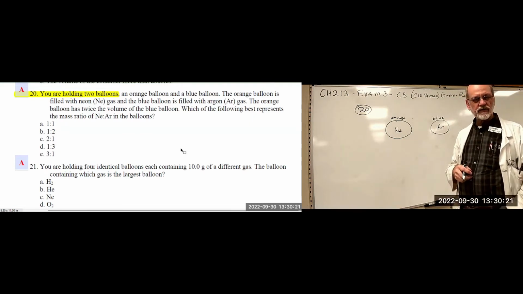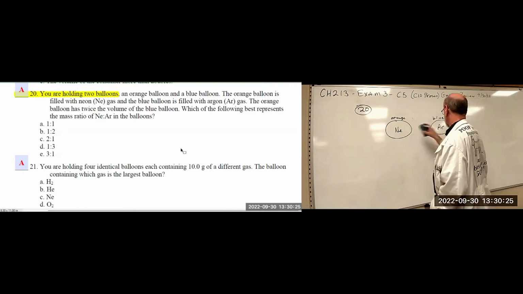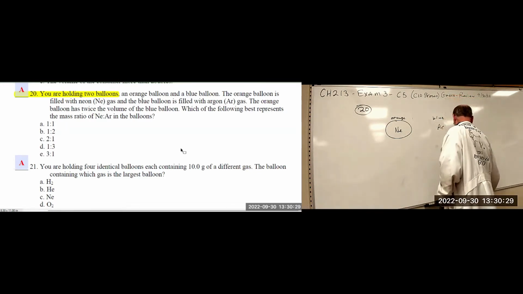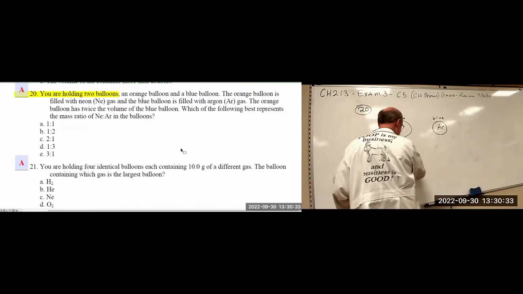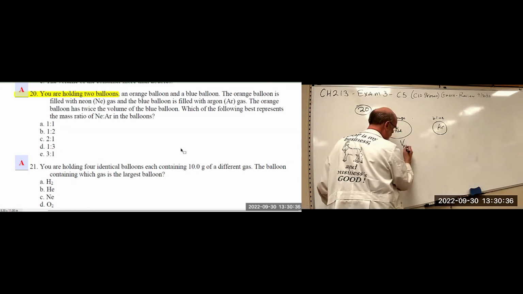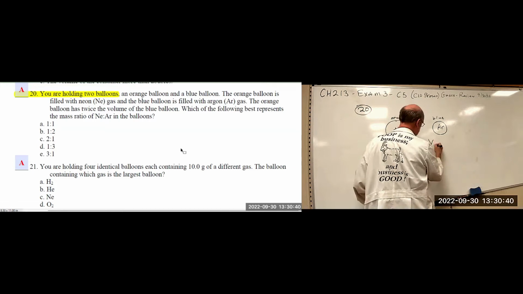The orange balloon has twice the volume of the blue balloon. All right. So this one is twice as big as this one. Let me shrink it a little bit. So the volume of the neon balloon is equal to twice the volume of the argon balloon.